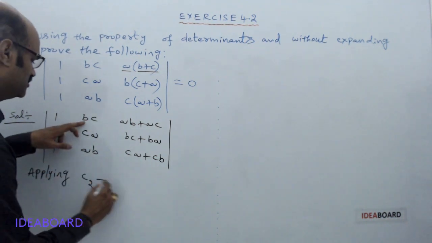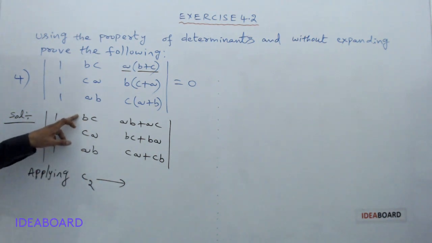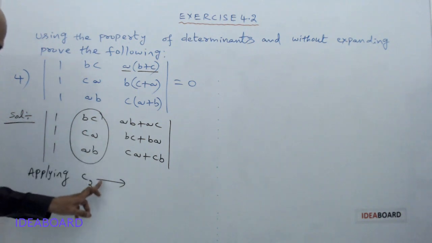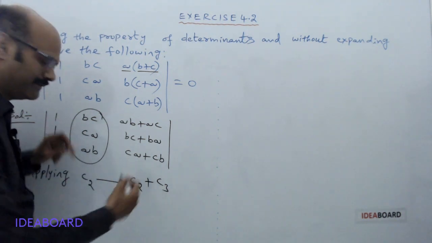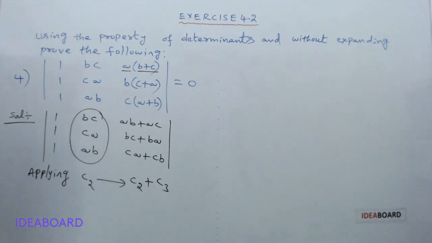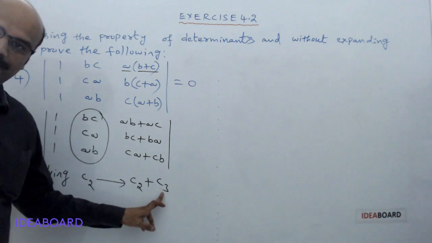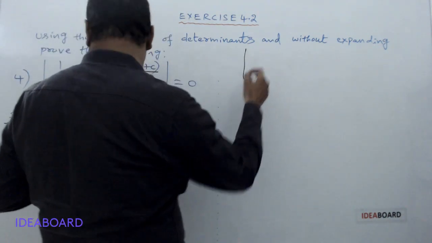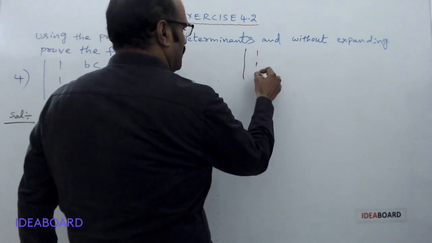Applying C2 changes to C2 plus C3. I am doing the operation to C2. So C2 changes to C2 plus C3. So we take the determinant with C1 the same, 1, 1, 1.